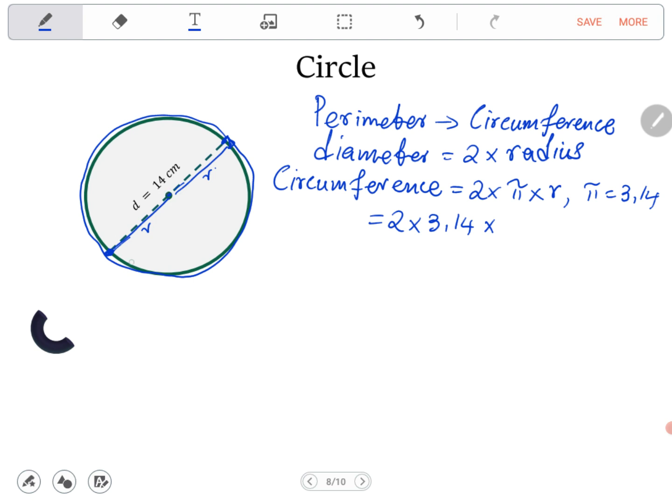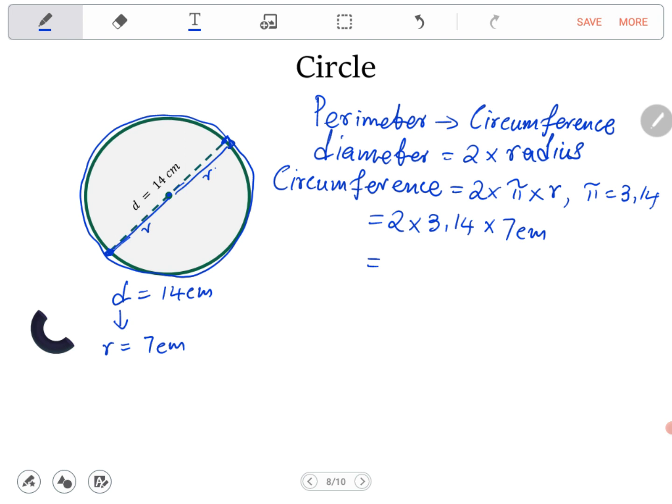Now the diameter is 14 centimeters, which means the radius will be half of the diameter, which is 7 centimeters. So we'll substitute the radius here and have 7 centimeters. All right.